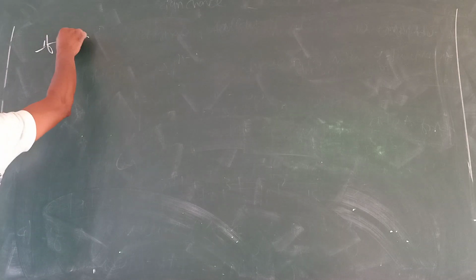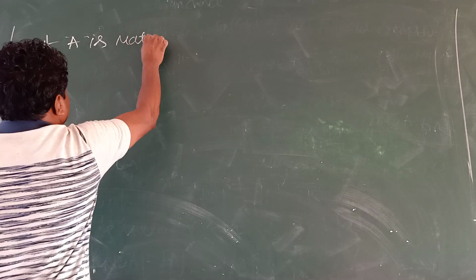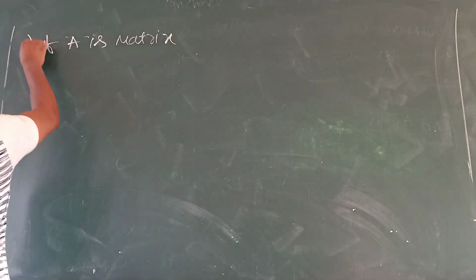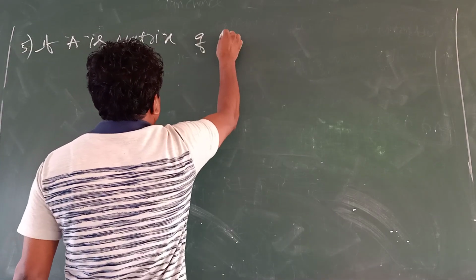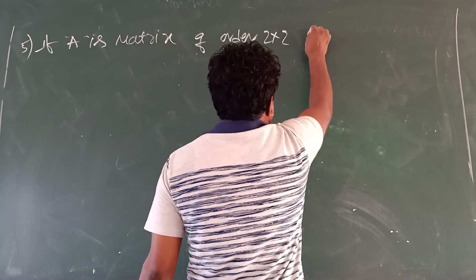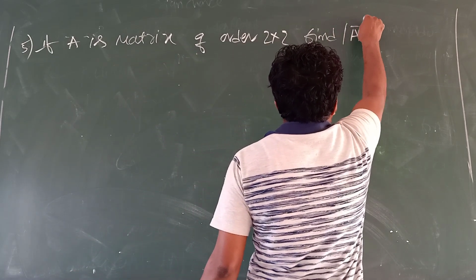If A is a matrix of order 2 cross 2, find determinant of A inverse.